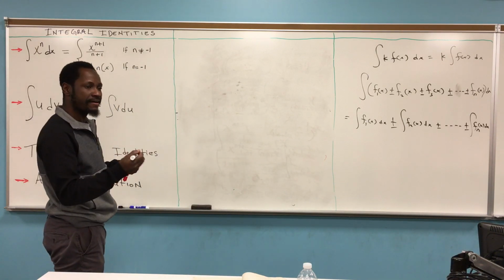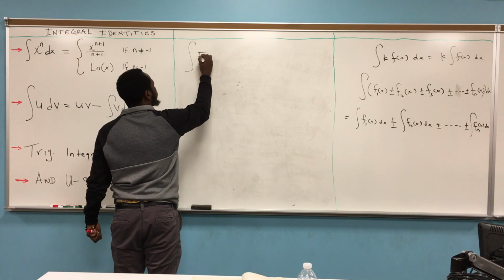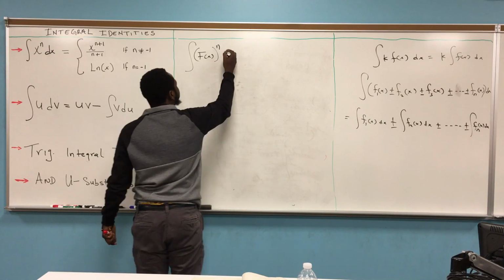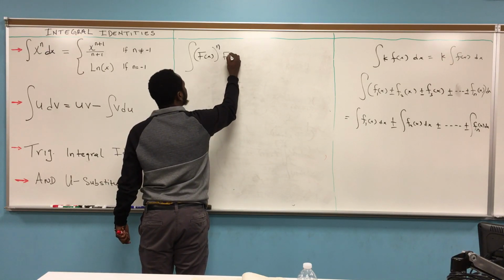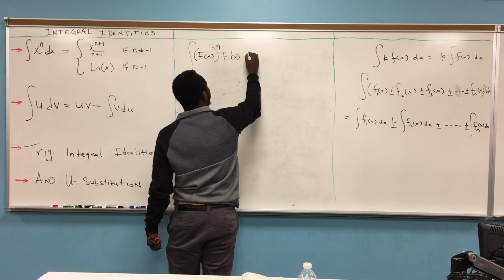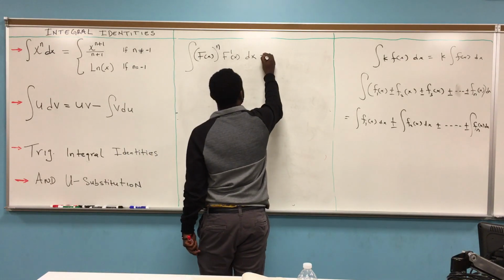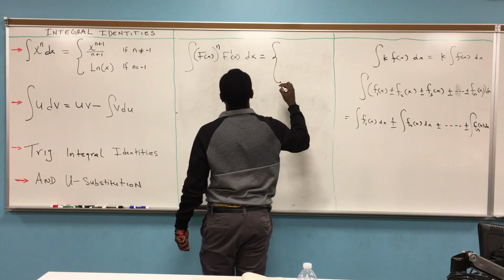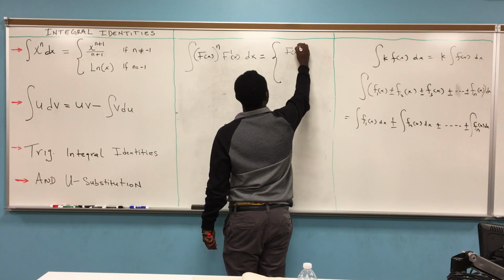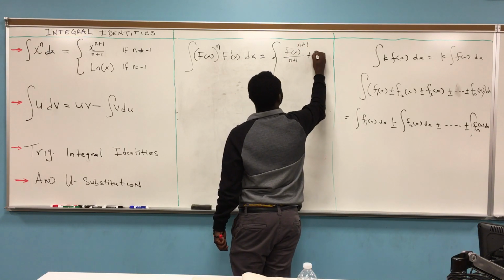So if I have integral f of x to the n times f prime of x dx, then the integral of this gives me f of x to the n plus 1 over n plus 1 plus c, if n is not equal to minus 1, and natural log of f of x if n is equal to minus 1.